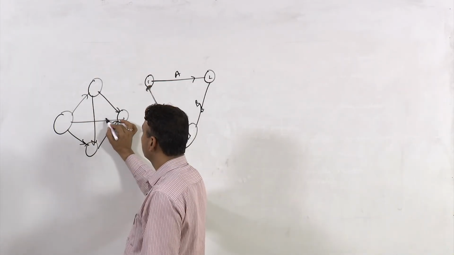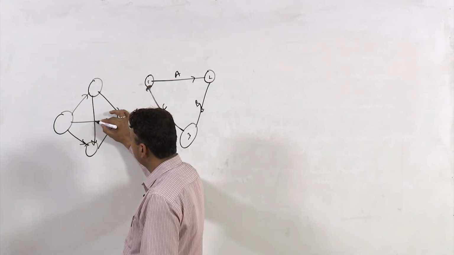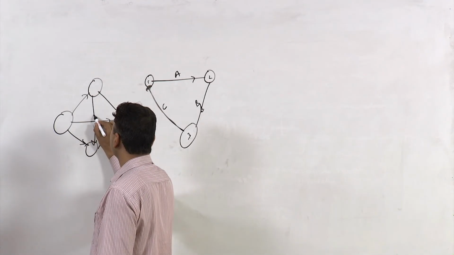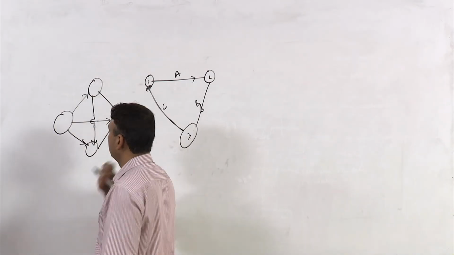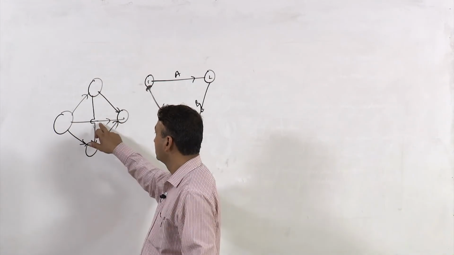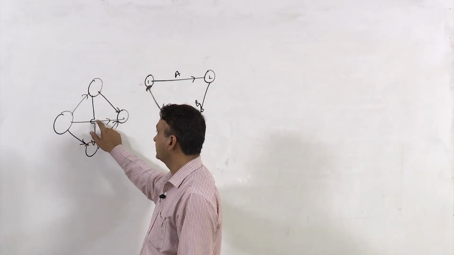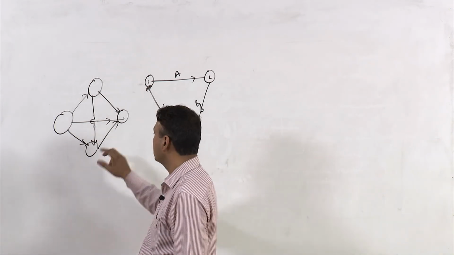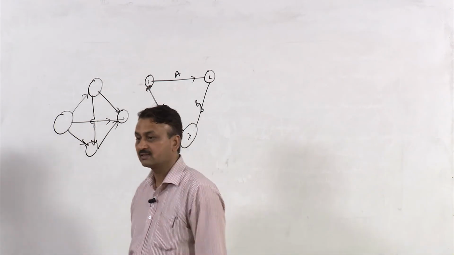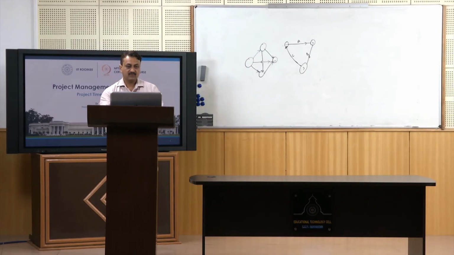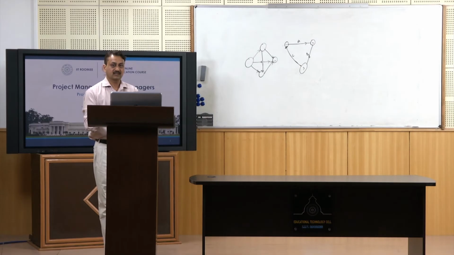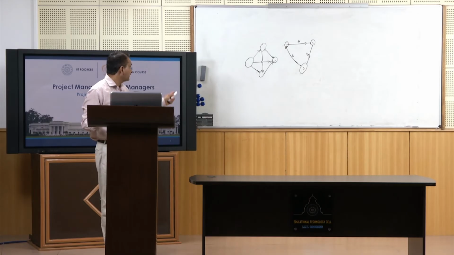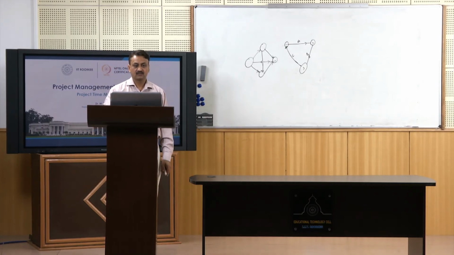So, rather than having a situation like this, you can do one thing: just use this symbol. You can convert the cross section into this type of situation. If possible, try to avoid it; if you are not able to avoid it, then you can have a situation like this.